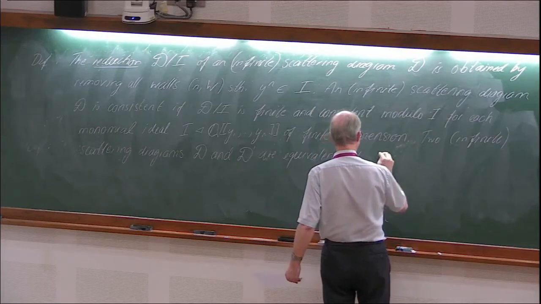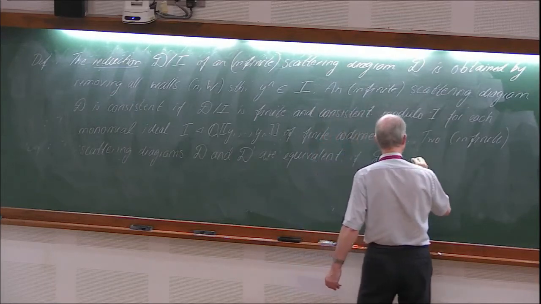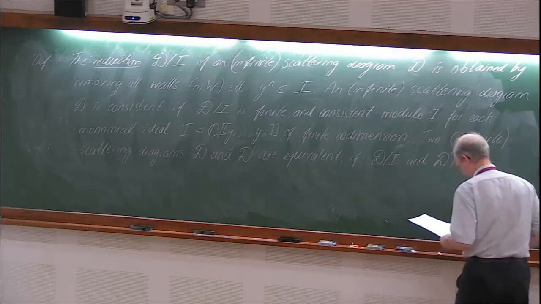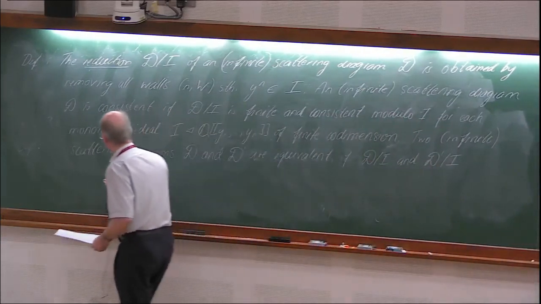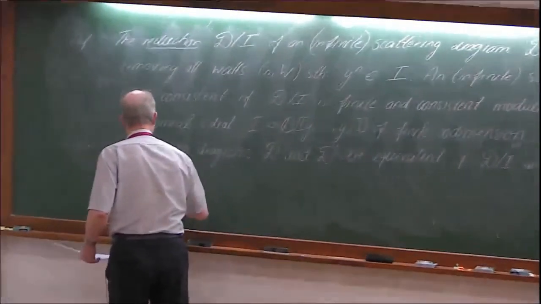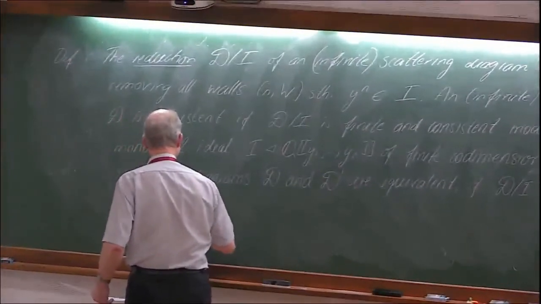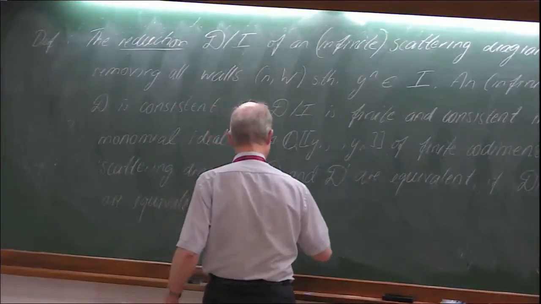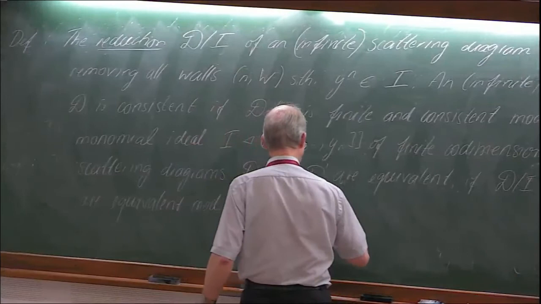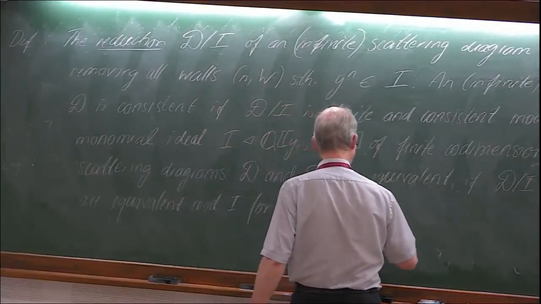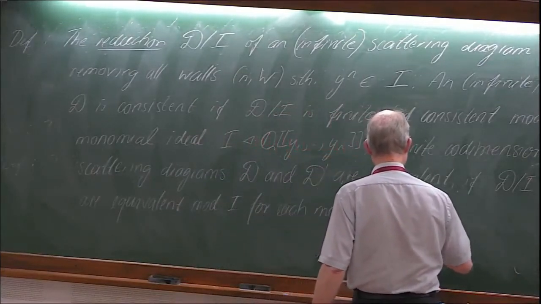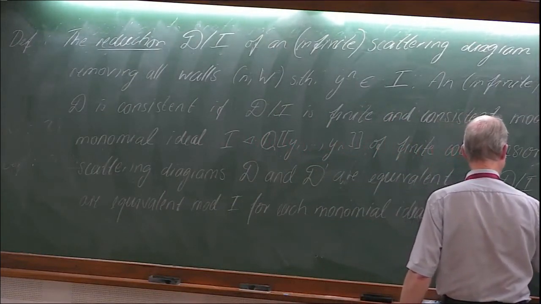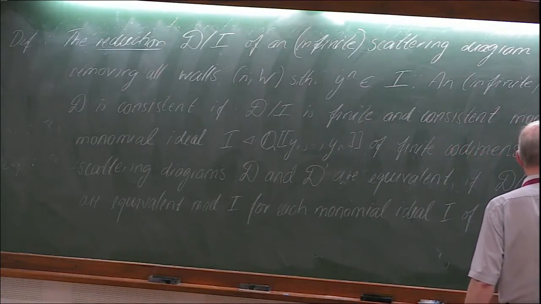So if D modulo I and D prime modulo I are equivalent for each monomial ideal I of finite codimension.